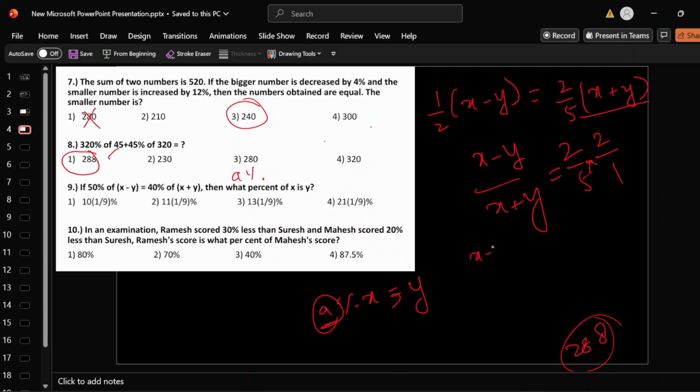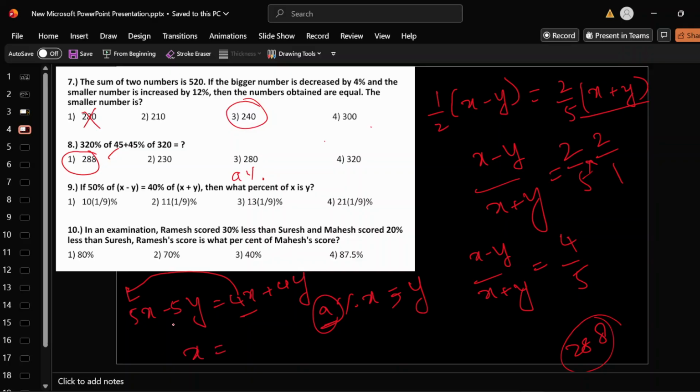So x minus y by x plus y equals to 4 by 5. 5x minus 5y equals to 4x plus 4y. That means if we move 4x to the left side, it will be subtracted from 5x, it will become x. And if we move 5y to the right side, it will be added to 4y, it becomes 9y.